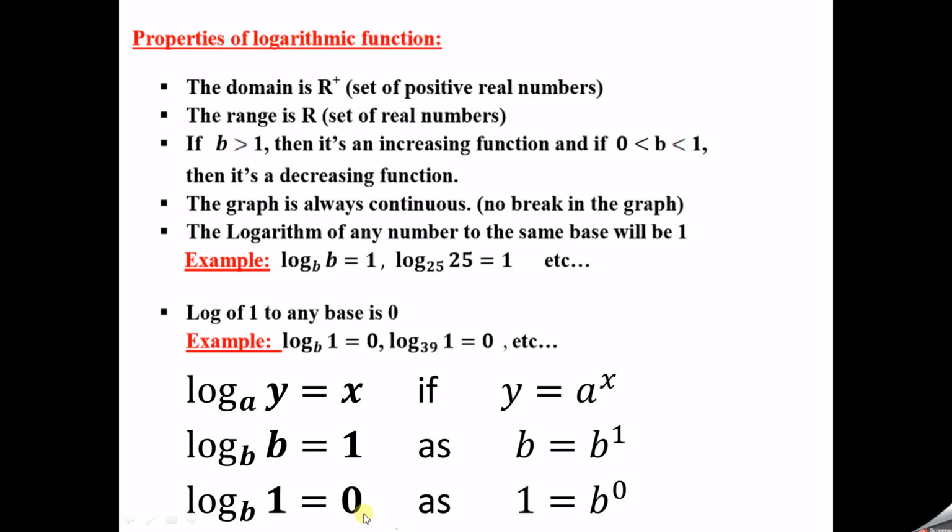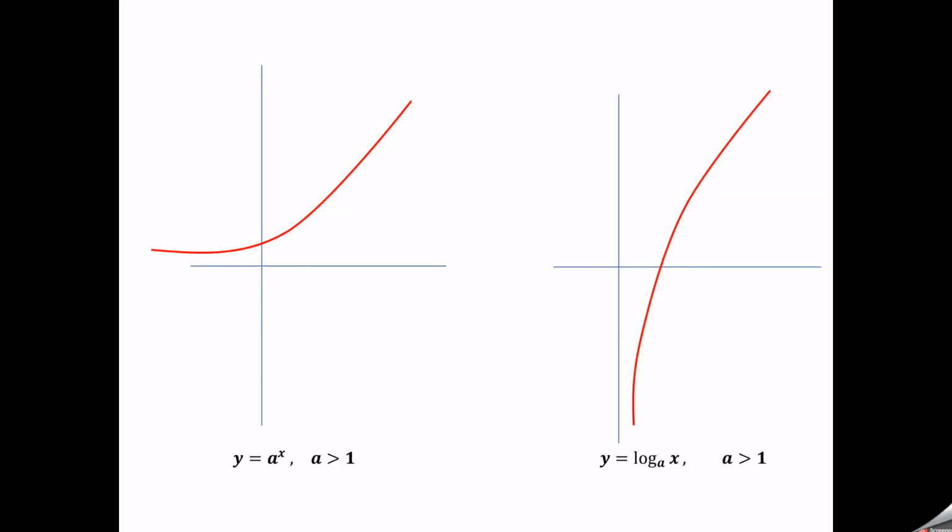If we write the equivalent logarithm, the logarithm of 1 to the base b is always equal to 0. So you can write log 1 to the base 39 is 0, log 1 base 6 is 0, log 1 base 1 by 2 is 0, any base you can take provided the base is positive and not equal to 1.